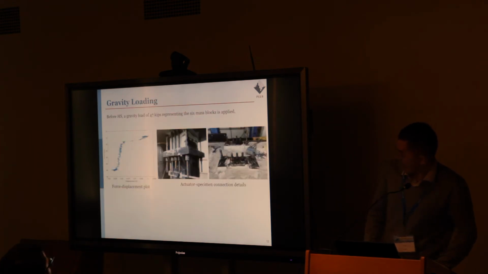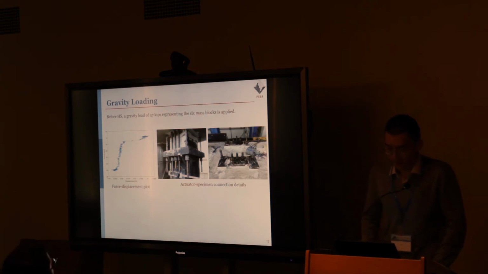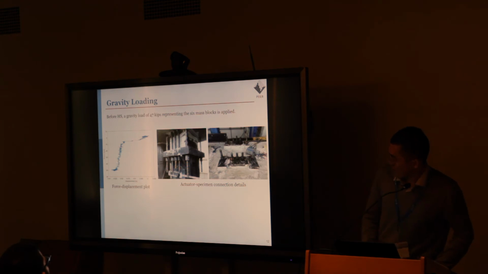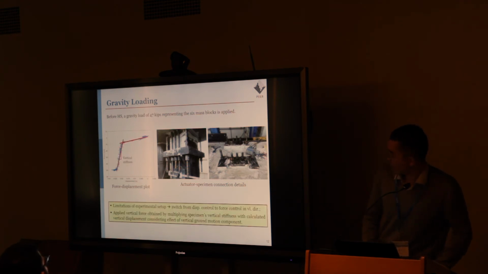So before starting the hybrid simulation, a gravity load of 47 kips representing the 6 mass blocks was applied. From the figure on the left, we see that during the gravity loading phase there are two different slopes.